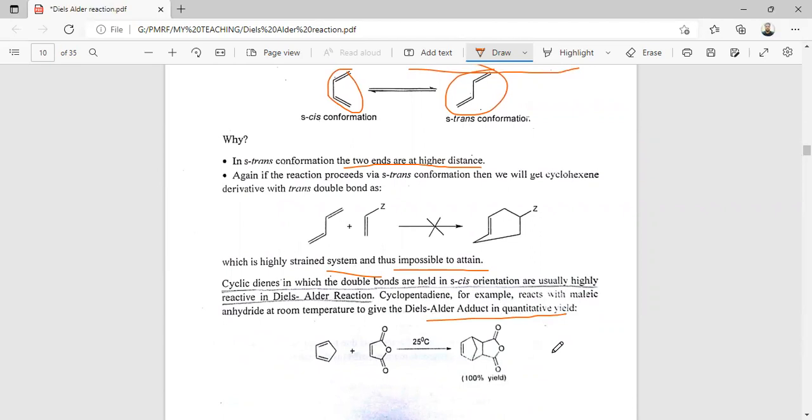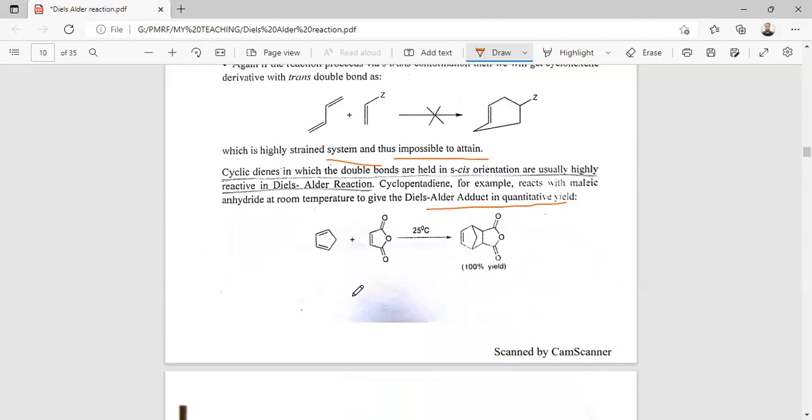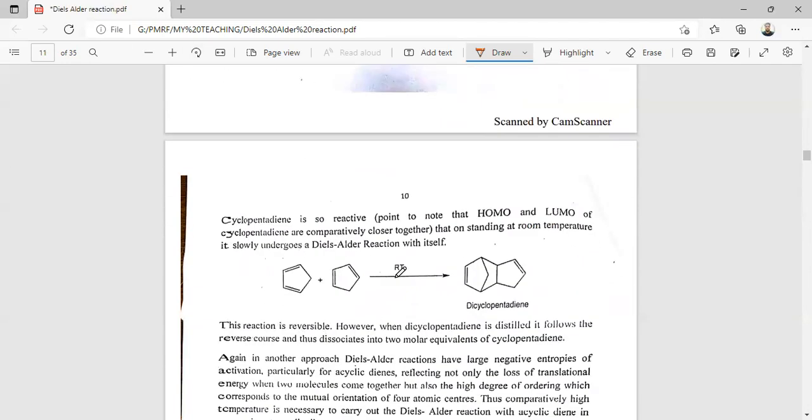So that's why the cyclic diene reacts much faster than the open diene, because cyclic dienes are always in the cis configuration, so they are more reactive compared to the open ones. Cyclopentadiene, on standing at room temperature, slowly undergoes Diels-Alder reaction with itself.